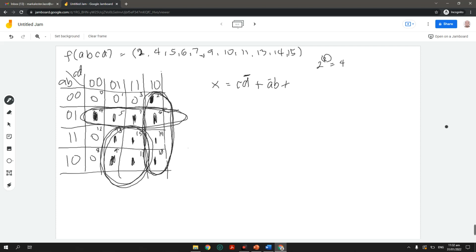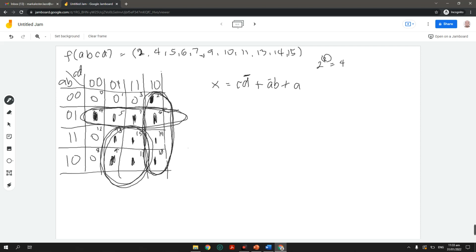What variables should remain? Our A does not change, 1 here, 1 here. So A will be considered. The B changes from 1 to 0. How about our C? Our C changes here from 0 to 1, so it will not be considered.